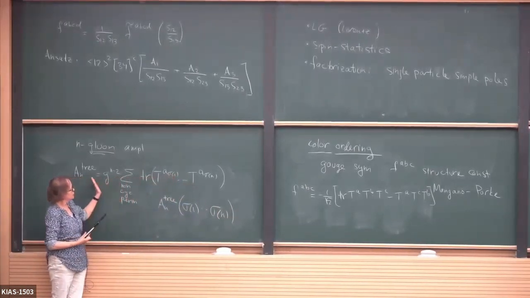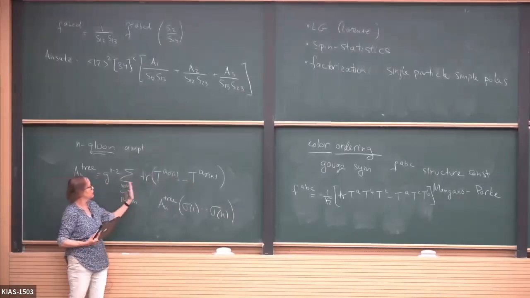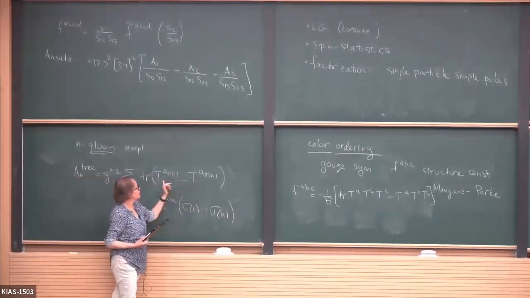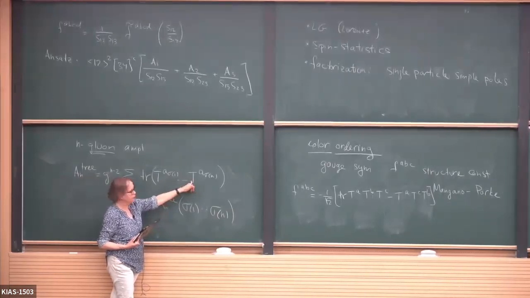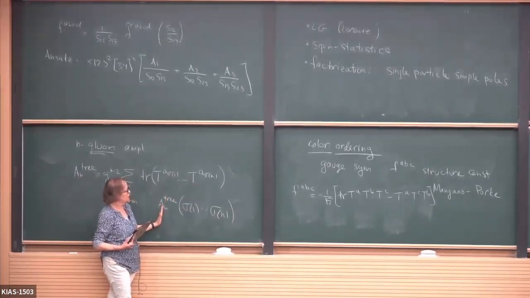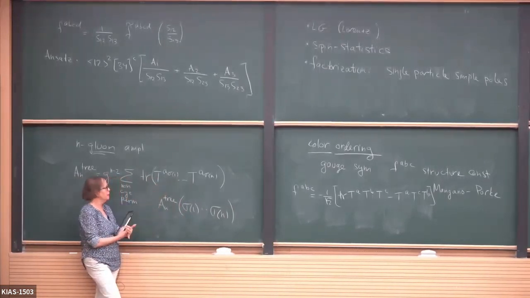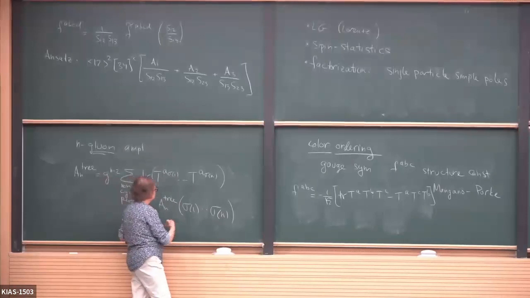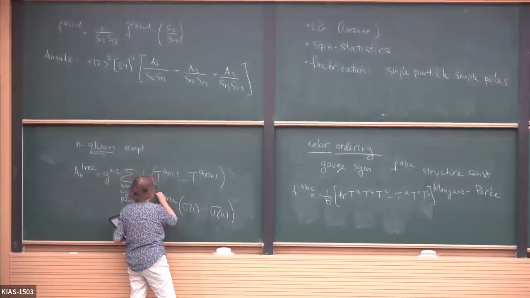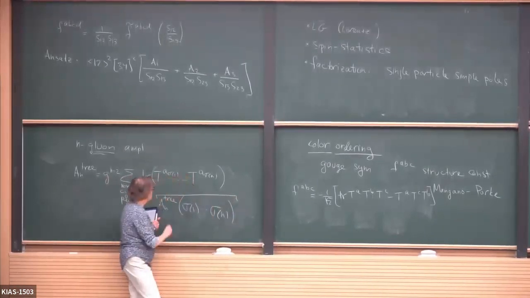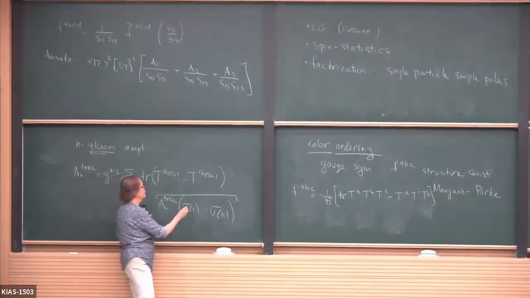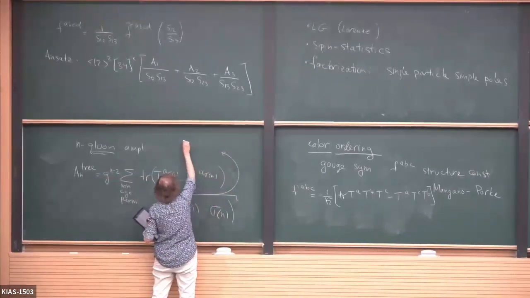So essentially, I can organize the amplitude in terms of the different traces with the different orderings of the generators. Each one of them is multiplied by something. And because these things are orthogonal to leading order in N, the reason this is useful is that each one of these sub-amplitudes here is gauge invariant.